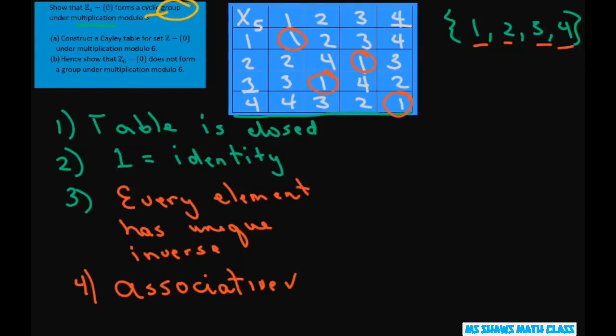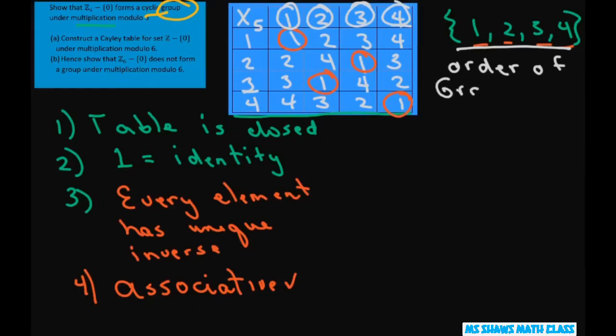Now, is it cyclic? Well, we know the group order is the number of elements in our group. So we have 4 in our group, so the order of the group equals 4. Now, the order of the elements must equal the order of the group, or at least one element.